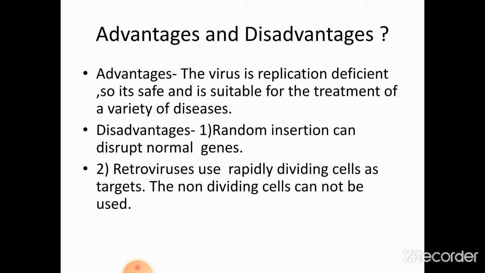Then disadvantages: random insertion can harm the normal cells. Then the retrovirus uses rapidly dividing cells as targets. Non-dividing cells are not used. Those are the advantages and disadvantages.